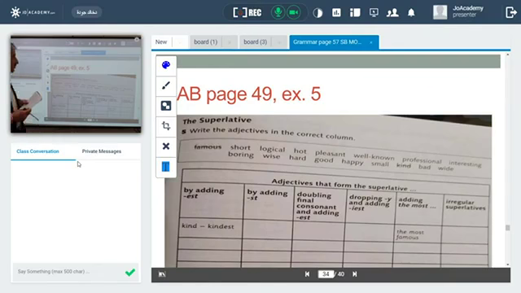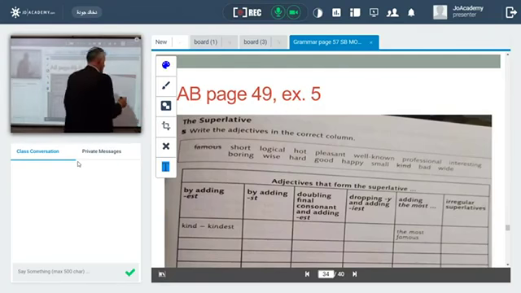We have famous, short, logical, hot, pleasant, well-known, professional, interesting, boring, wise, hard, good, happy, small, kind, bad, wide. So look at these adjectives and start telling me. Here they have put some of them, and we need to complete the table.